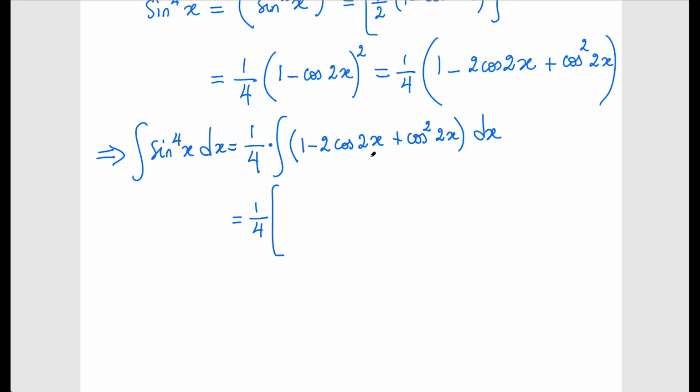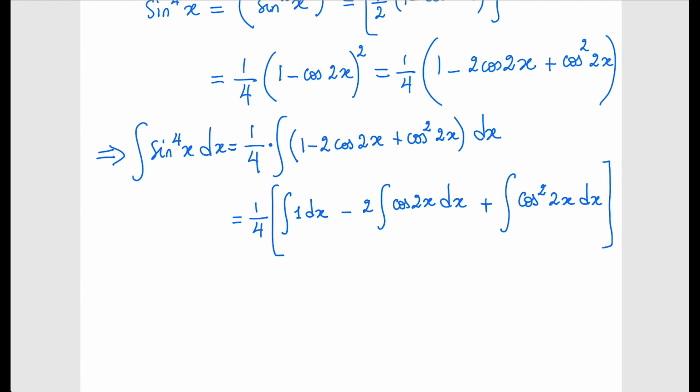It's a multiplicative constant, so it's in factor for everything. Primitive of 1 dx, which, as I previously said, easy, minus 2 primitive of cosine of 2x dx. That's also not as easy as this, but it's quasi easy. Actually, we've done it above, as previously said. And finally, plus the integral of cosine squared 2x dx.